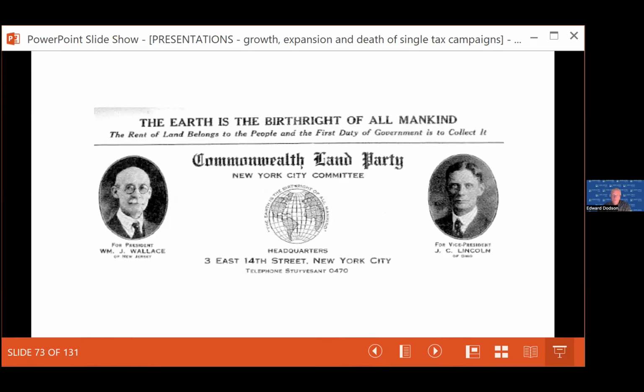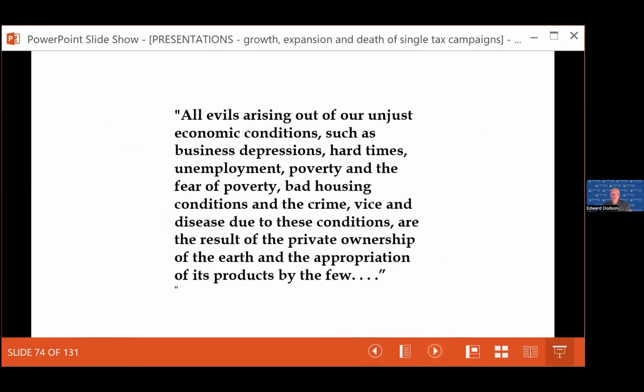Crucial for Lincoln, the Commonwealth Land Party's platform was true to single tax principles. And here are some excerpts from the platform, Marty, if you would care to read these.